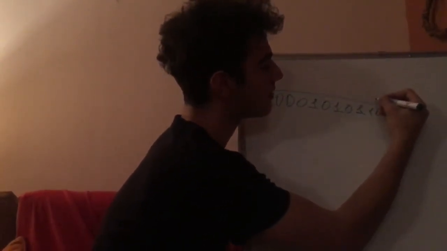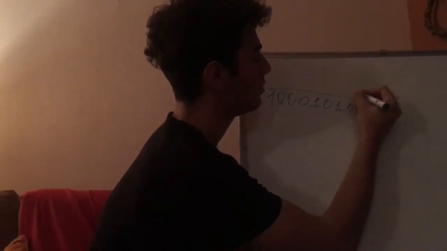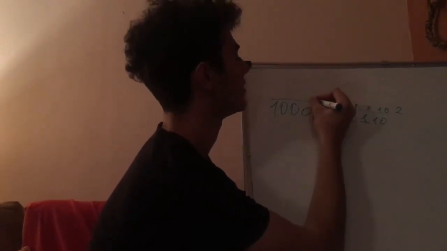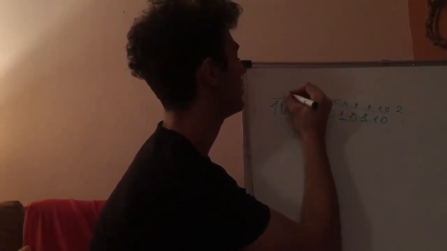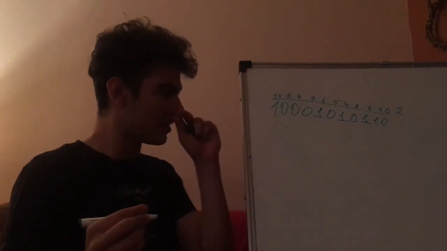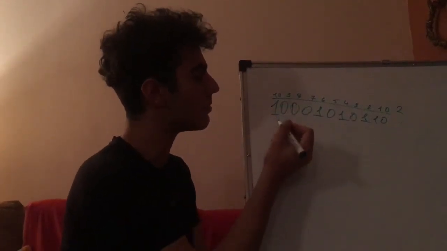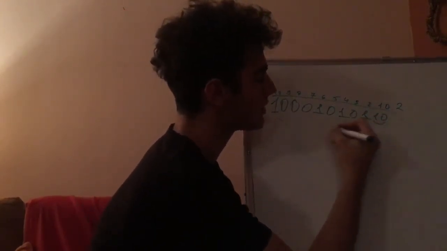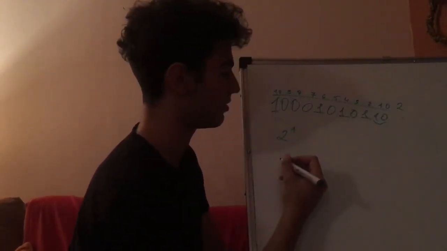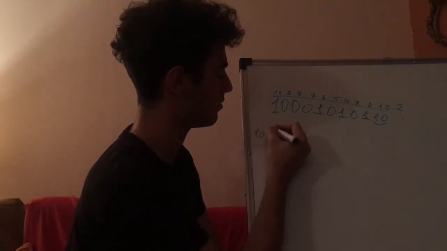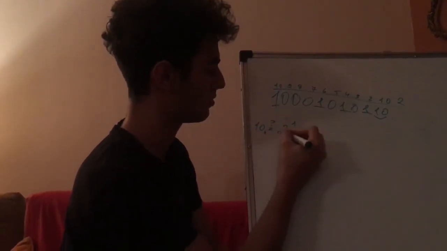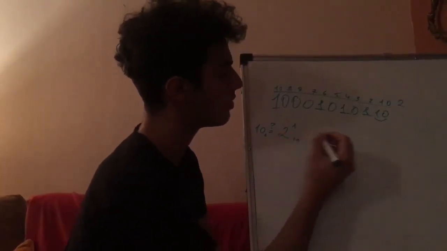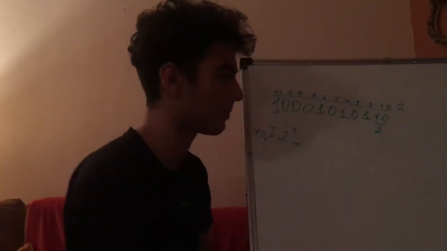So it starts with 0, goes 1, 2, 3, 4, 5, 6, 7, 8, 9, and 10. So here we have ones, right? So can we say that this number is 2 times 1? So is this true? Of course it is. So we can write 2 here.